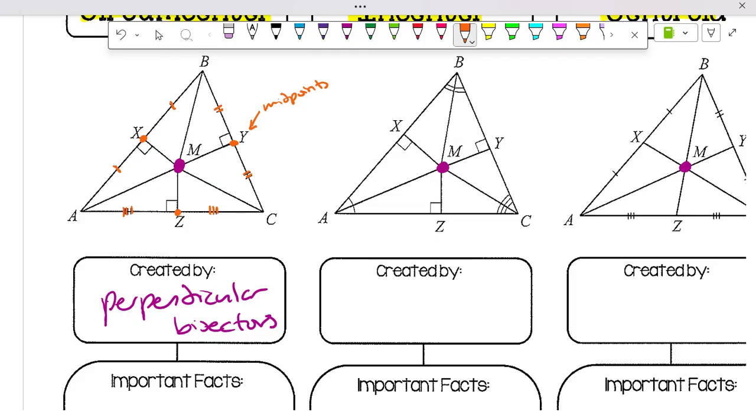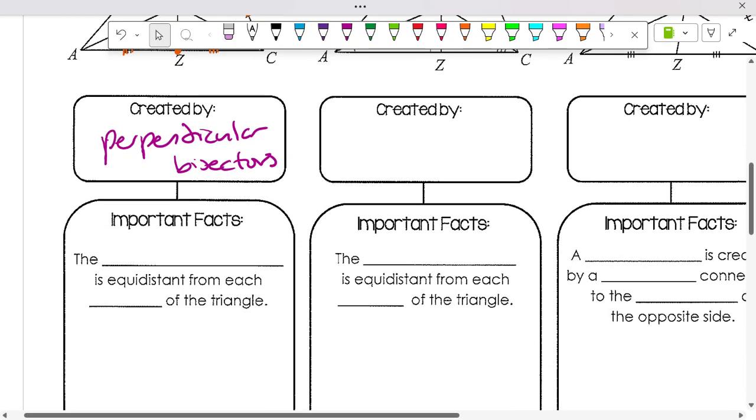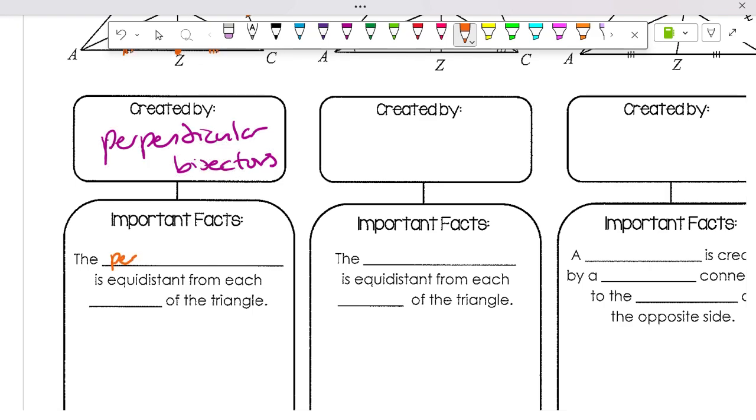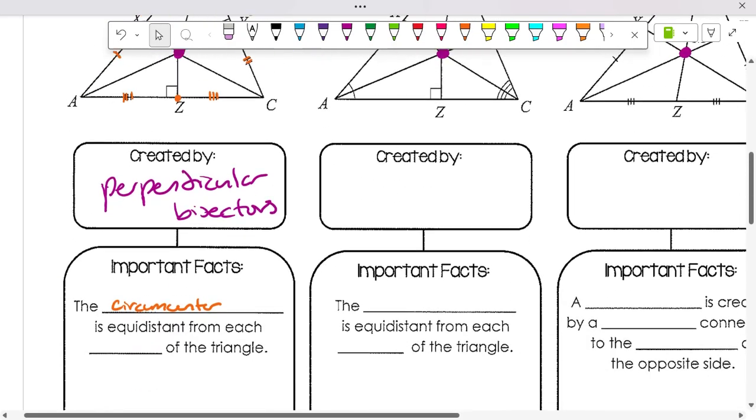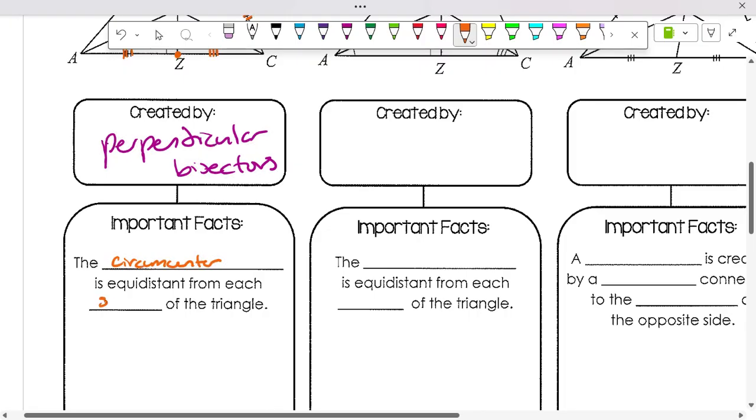Now, some other things to note. The circumcenter is equidistant from each of the sides of the triangle.